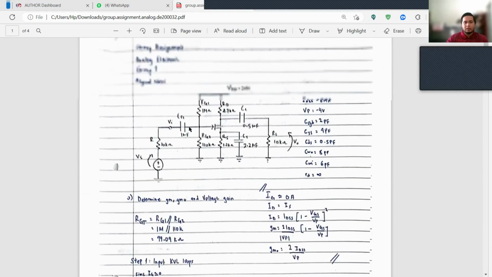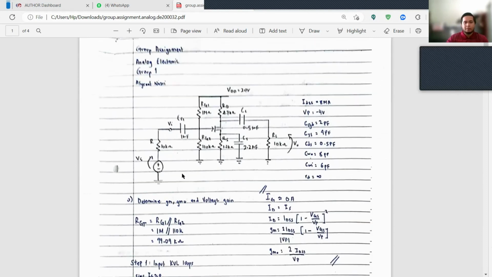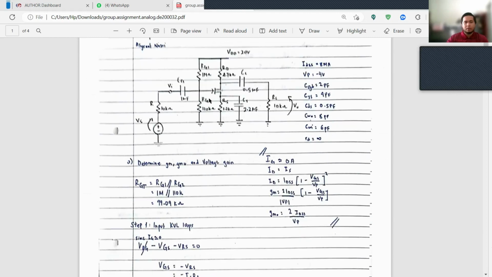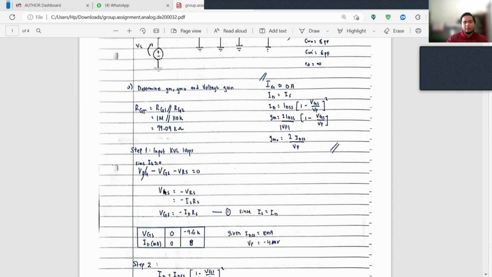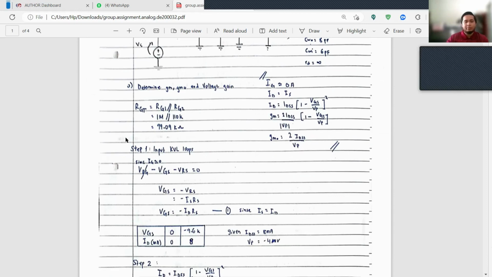First of all, this is RG1 and RG2. We need to find RG total. So this one is parallel. RG1 parallel with RG2 equals 99.09 kilo ohm.